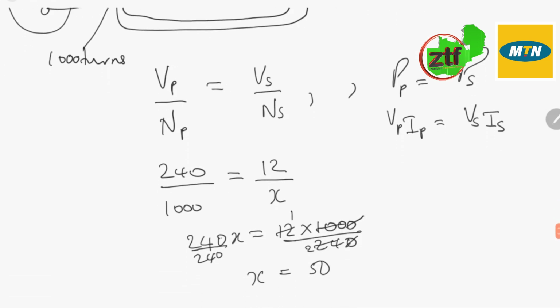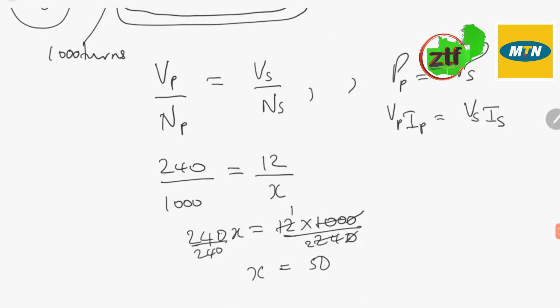So voltage in the primary is 240, current in the primary is the one we are looking for, voltage in the secondary is 12, current in the secondary is 3. So current in the primary, therefore, becomes 12 times 3 divided by 240.